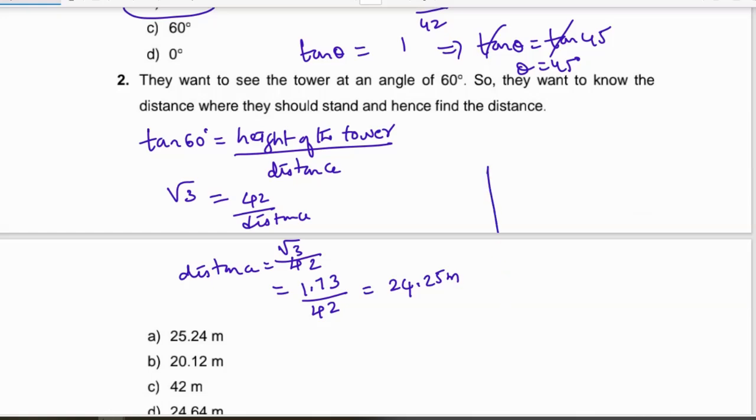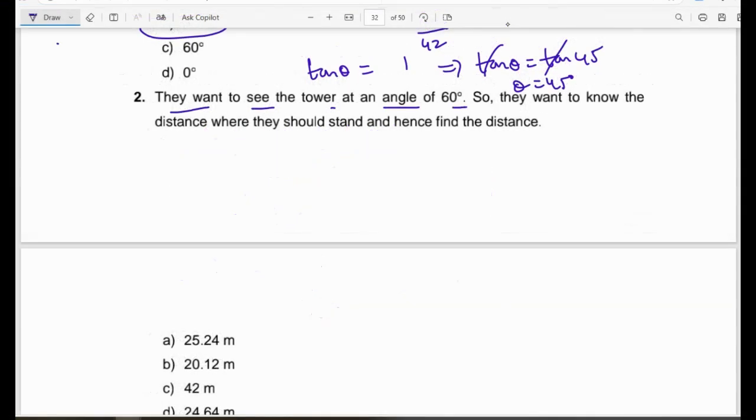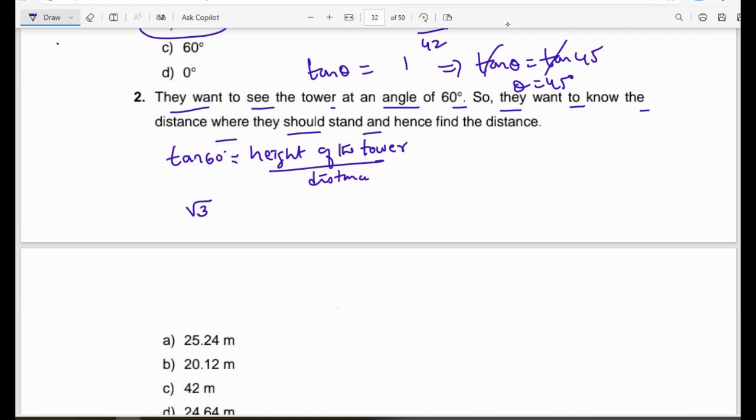Or we can do it the other way also. To see the tower at the angle of 60 degree, they want to know the distance where they should stand, and hence find the distance. So here they've given tan 60 degree. Tan 60 equals height of the tower divided by distance. Tan 60 is root 3, and the height of the tower they've given is 42.